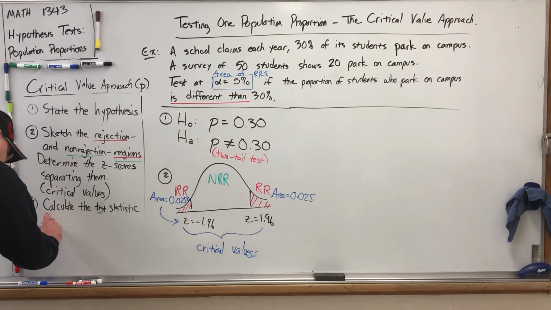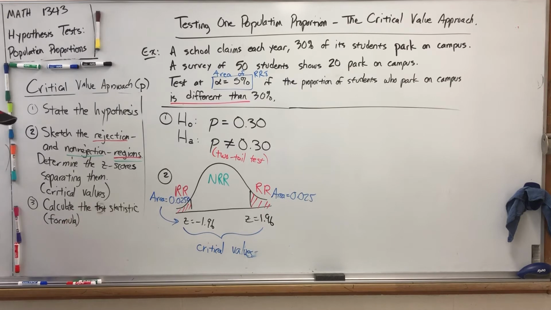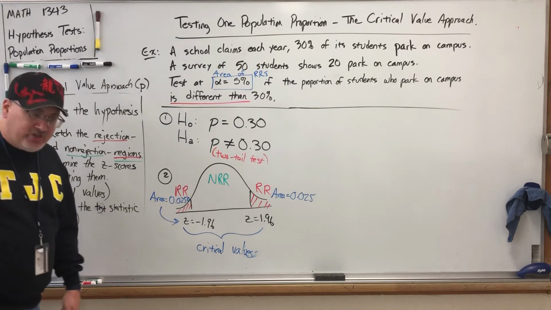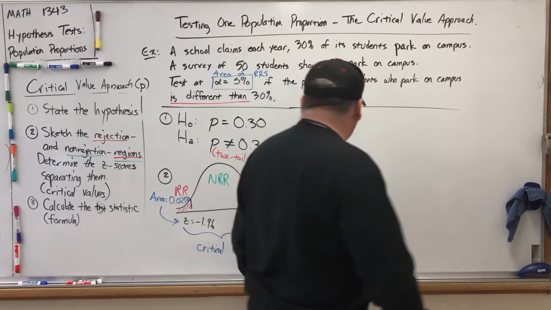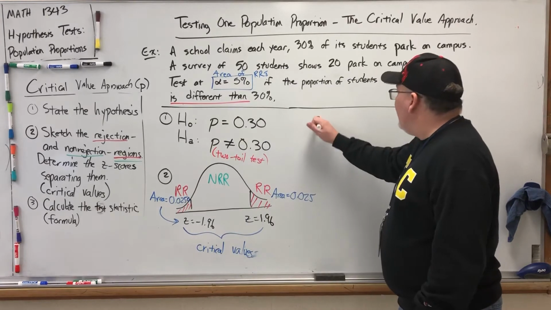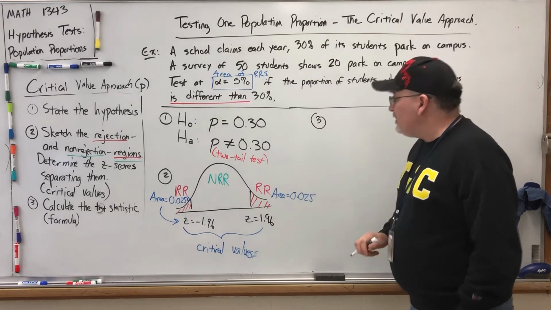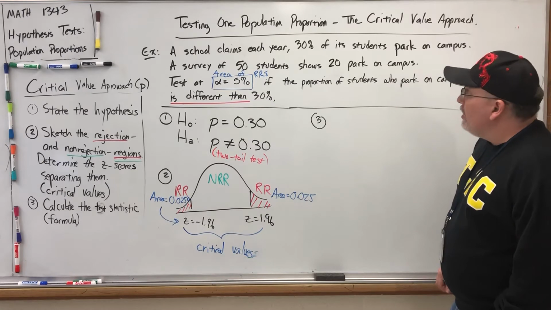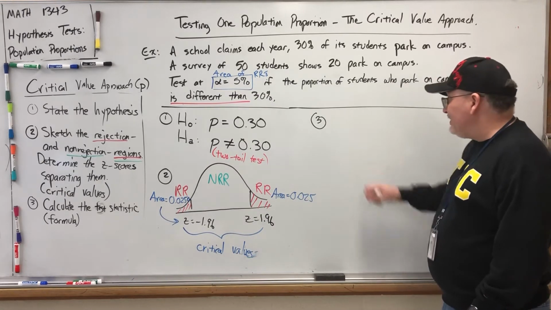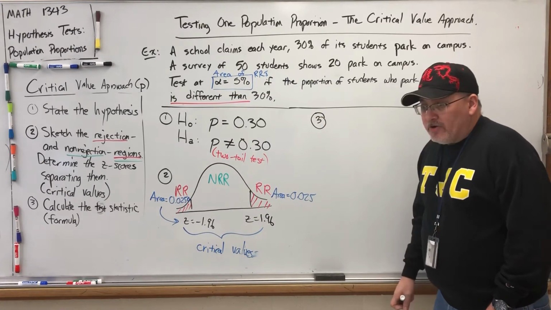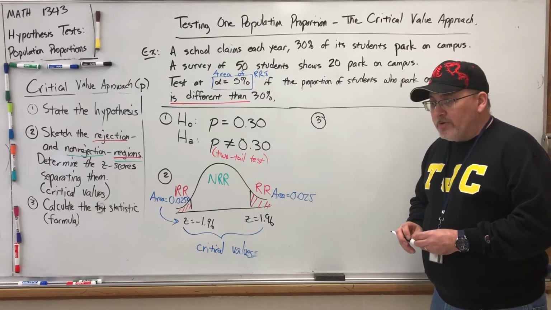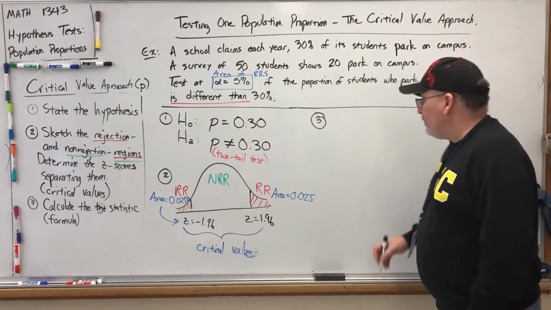Now, this move is a formula move, assuming that you're not just using technology that says, bam, here's your test statistic. And such technology does exist. In the context of testing one population proportion, the formula for calculating the test statistic will look a little familiar from what we saw when we were doing a confidence interval for one proportion.